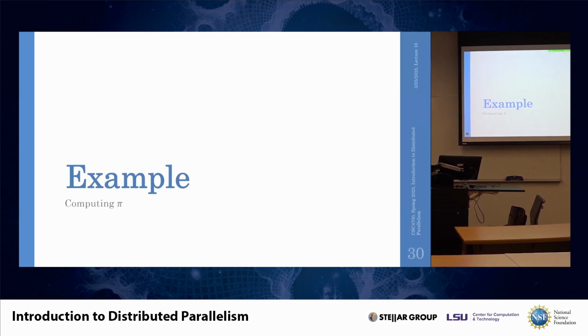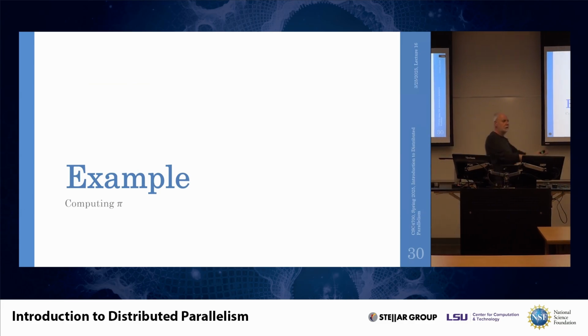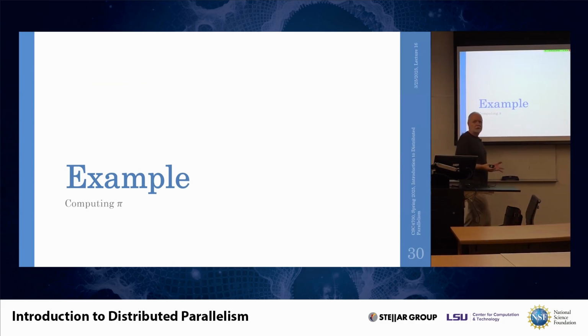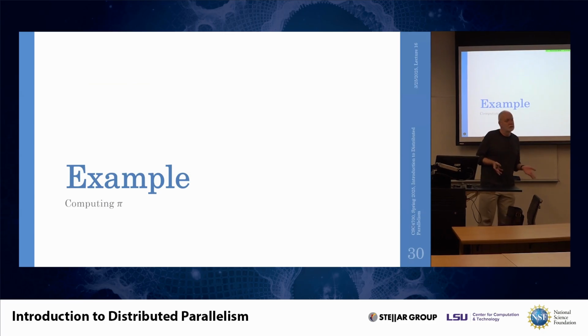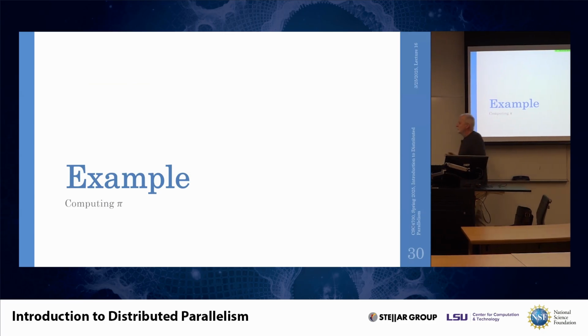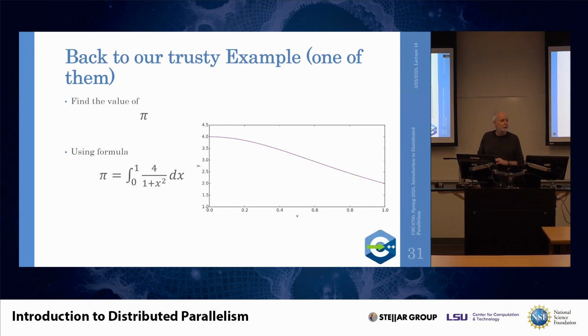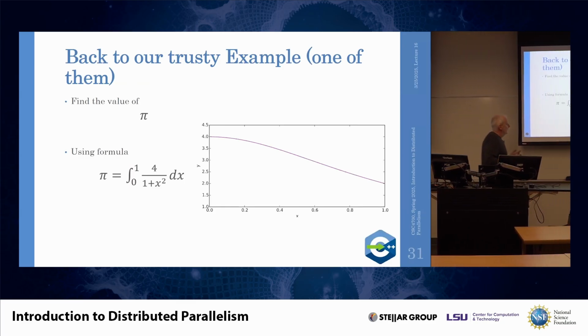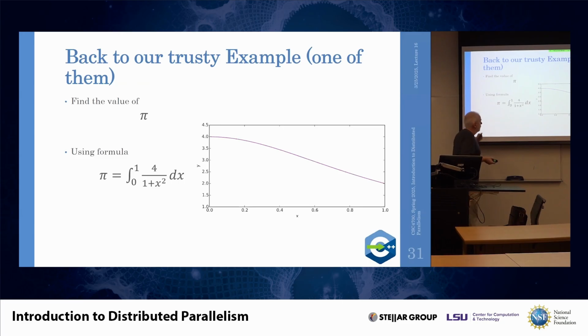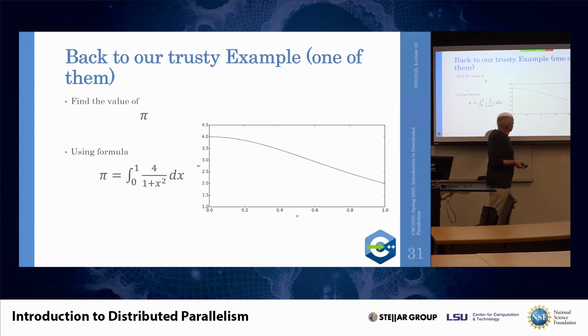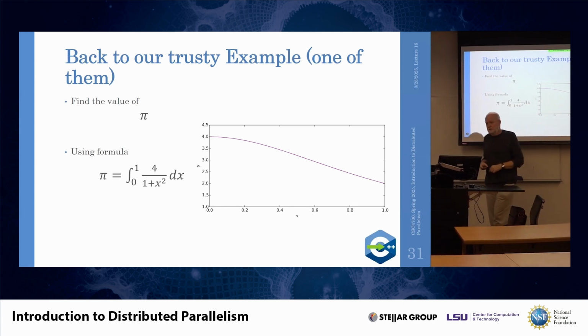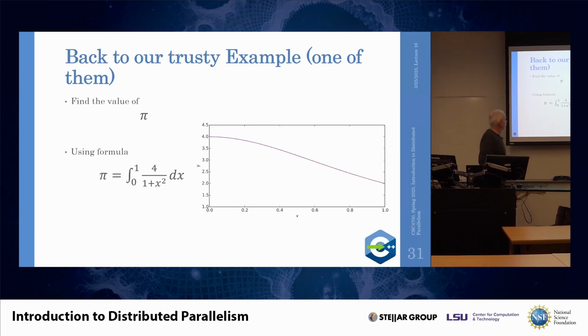Enough of pretext. So I just wanted to give you a longer introduction into what distributed computing is today and how it's done. And I want to give you an example. And for that, I just want to go back to our trusty example we had, computing pi. And just for you, if you don't remember, and I don't blame you if you don't, you can compute pi by computing the integral, essentially the area below that function, which is defined as 1 over 1 plus x squared.